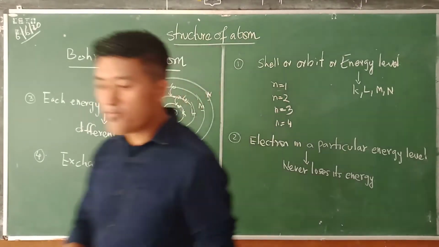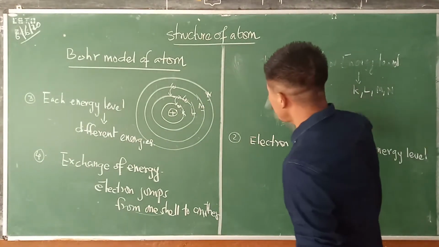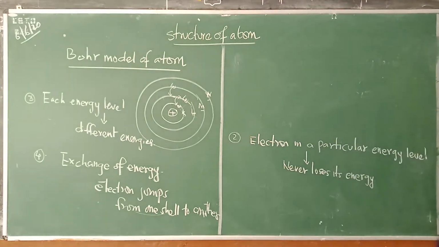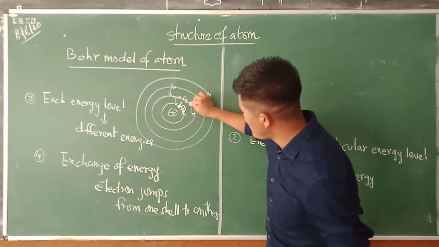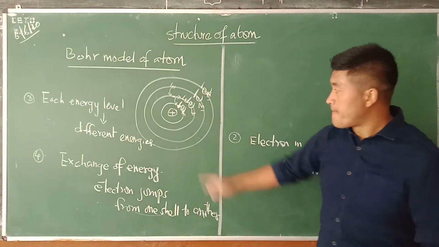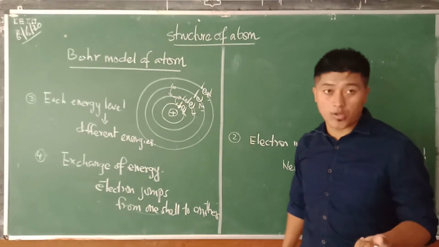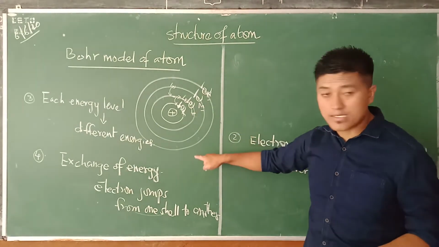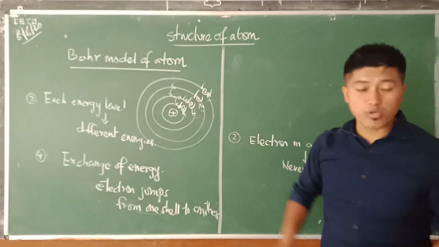Now let us go for the fifth point according to Niels Bohr. Let us imagine there is an electron in the K shell, and L, M, N, all of these shells have electrons. What he concluded from this model of atom is about the electron in the outermost shell. Out of K, L, M, N, which one is the outermost shell?